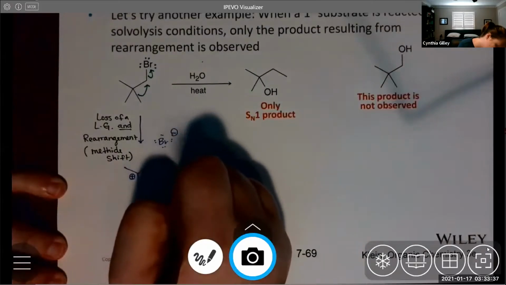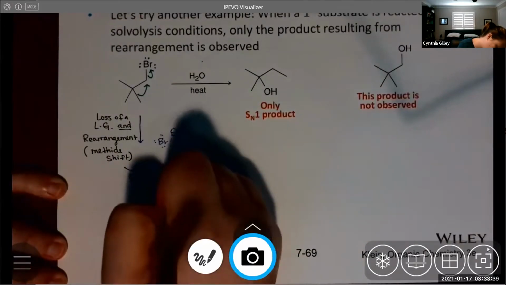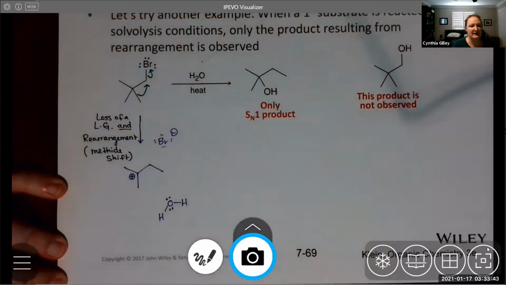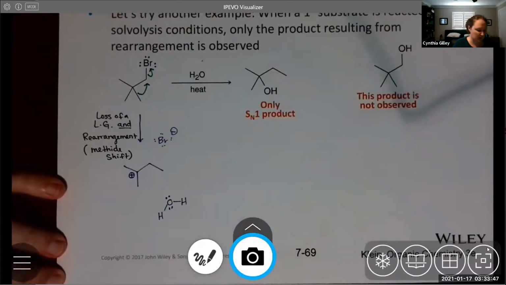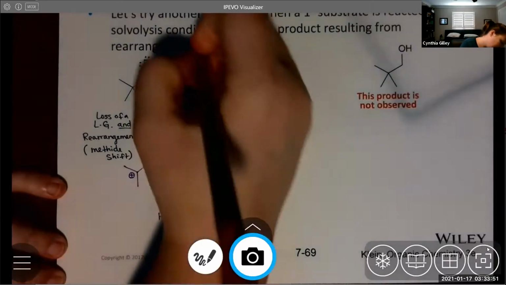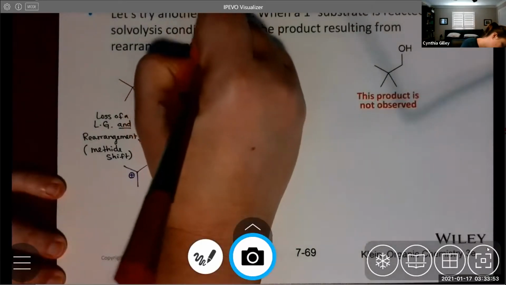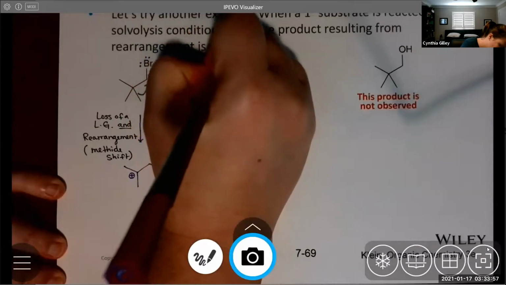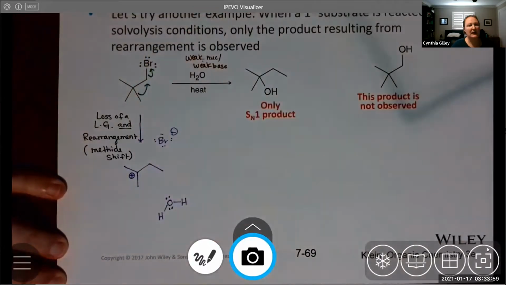By the way, this says the only SN1 product. It doesn't mean it's the only product of this reaction. Recall that when we use a weak nucleophile / weak base, and water is a weak nucleophile / weak base, we typically get both SN1 products and E1 products.